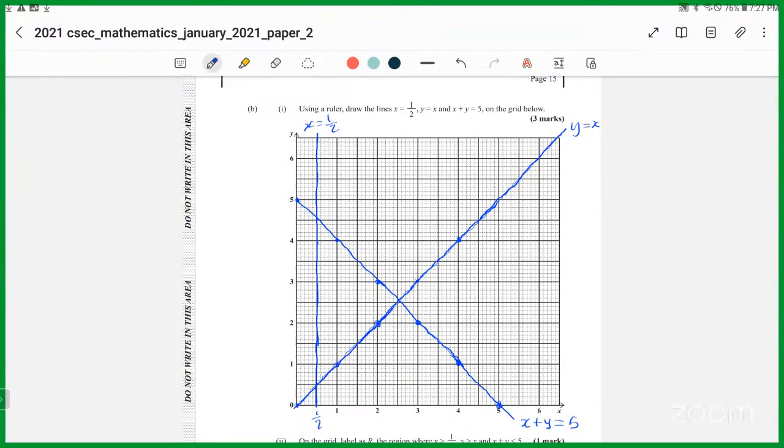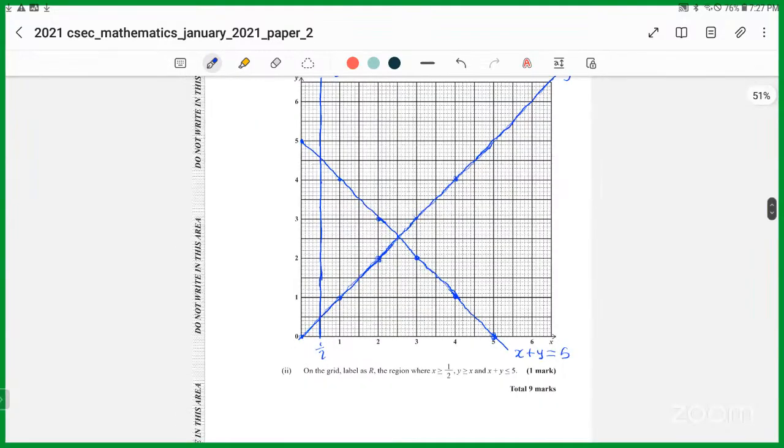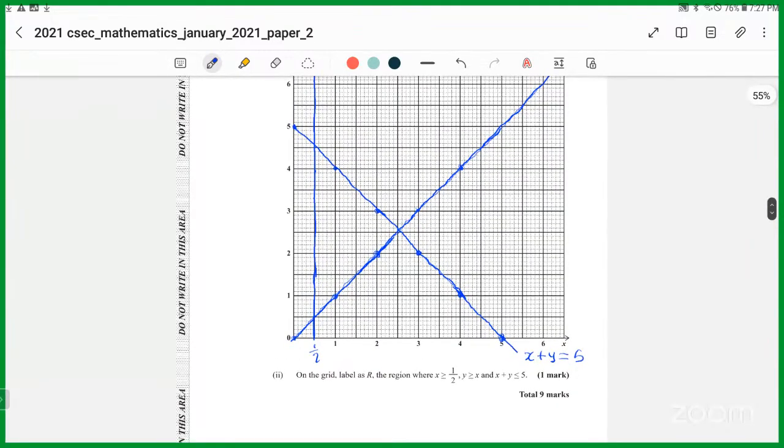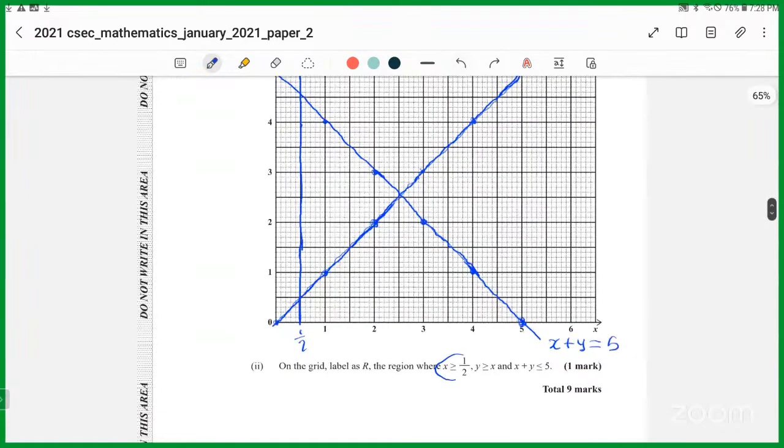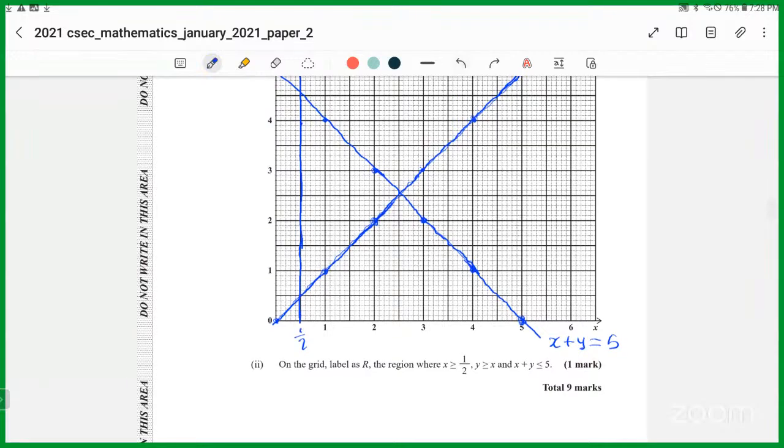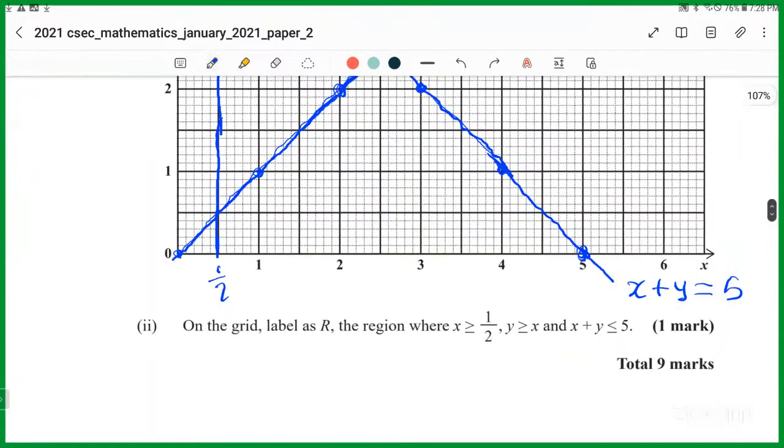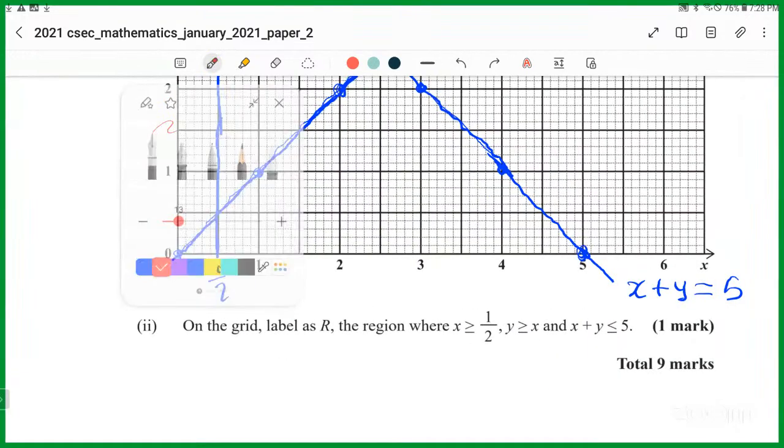Yes, sir. Alright, down here now, it says we are to label R, the region where x is greater than half, y is greater than x, and x plus y is less than 5. And since you have the lines, you just need to know above which one, below which one, and so on, right?